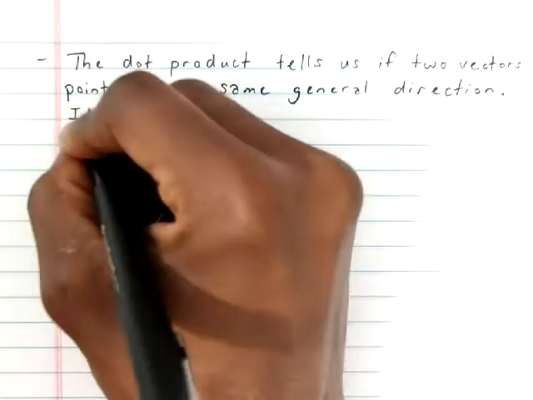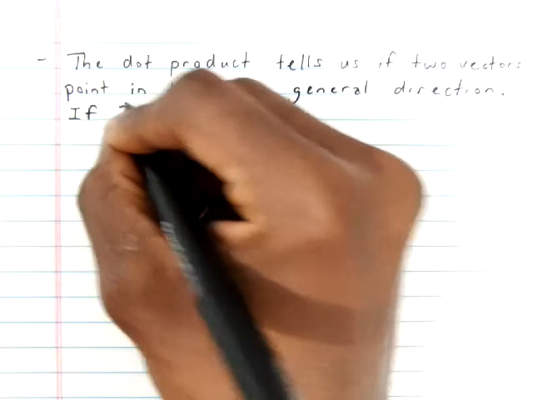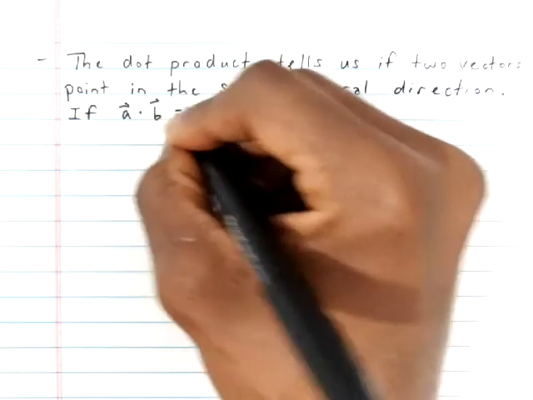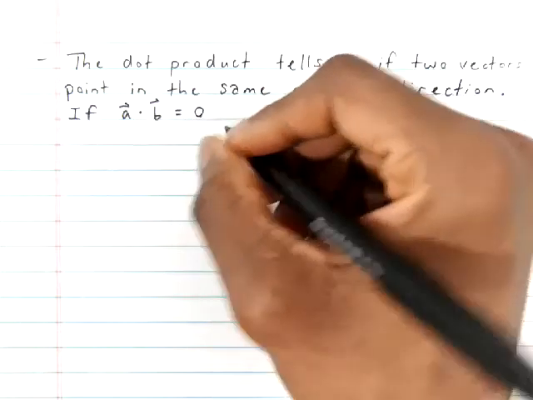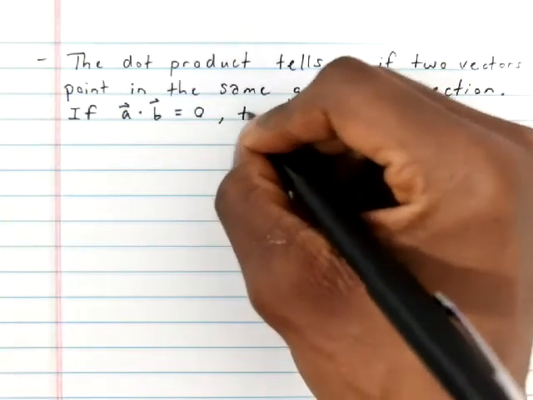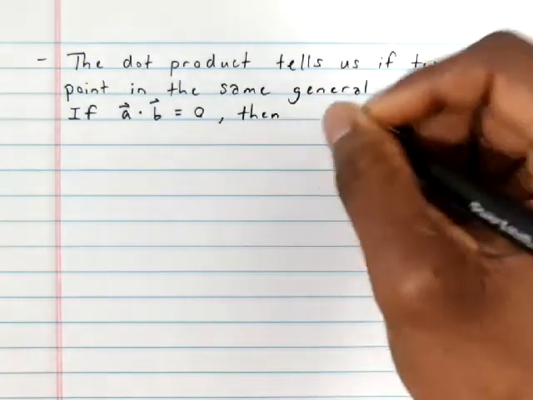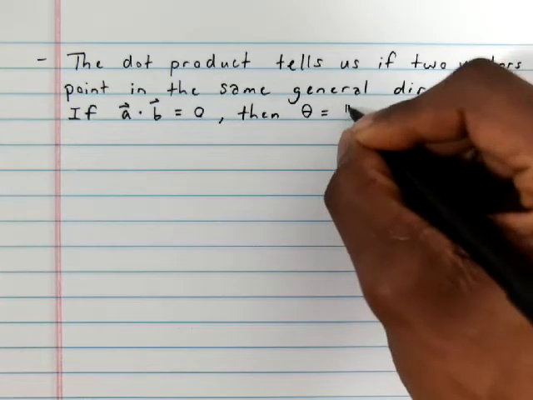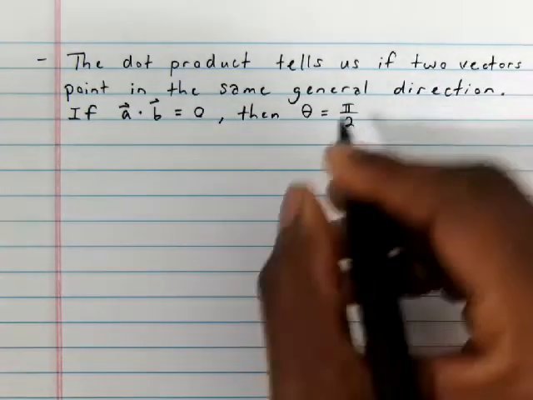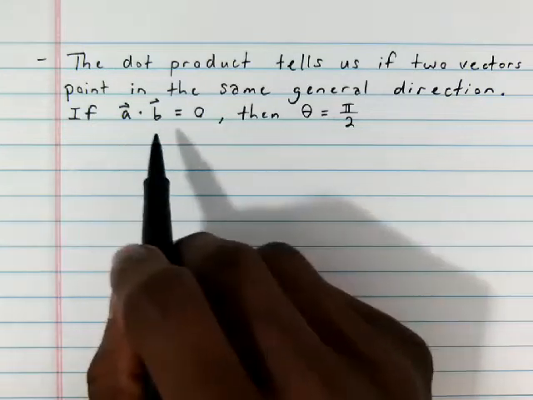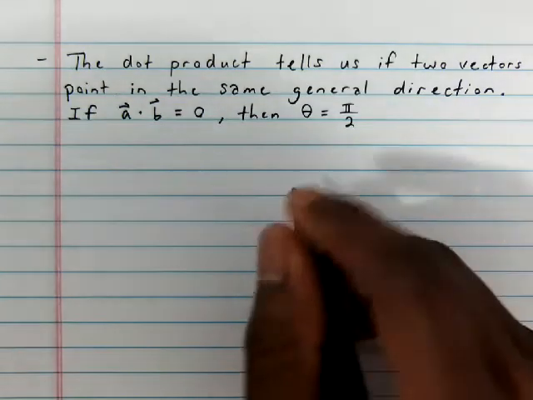So if A dot B equals 0, then theta is equal to pi over 2. And when I'm saying theta, I'm talking about the angle between the vectors A and B, and I'll specify that at the end of this.